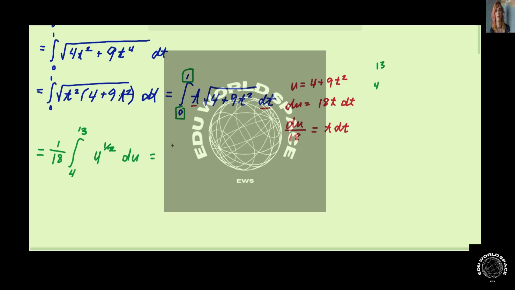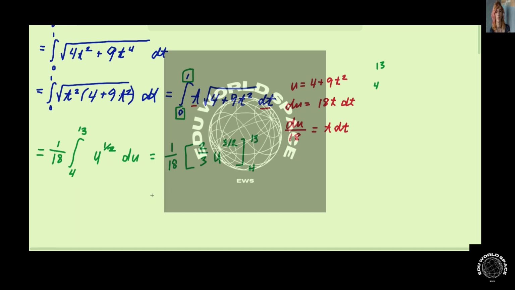This is equal to 1/18 times u to the 1/2. I will add 1 to my power, which makes it 3/2, and of course I'll divide by 3/2, which is the same as multiplying by 2/3. I'm evaluating this from 4 to 13.